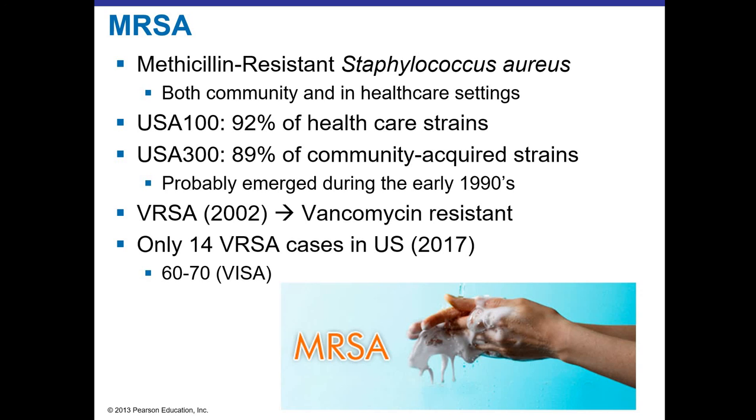We have also seen that there are different strains, so to speak. There is the USA 300, which accounts for about 89% of what are community-acquired strains. So that means that these MRSAs are just out there in the community, in daycare centers and in schools, not just in healthcare settings. In healthcare settings, 92% of those strains are USA 100. So it's the emergence of slightly different varieties of these strains, but still problematic.